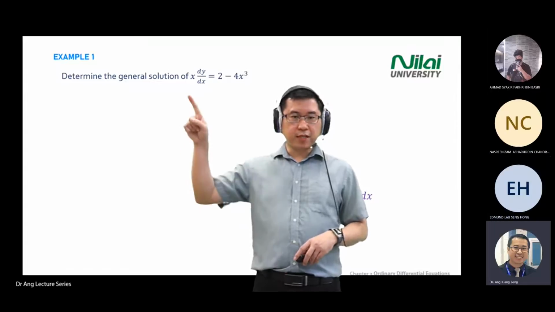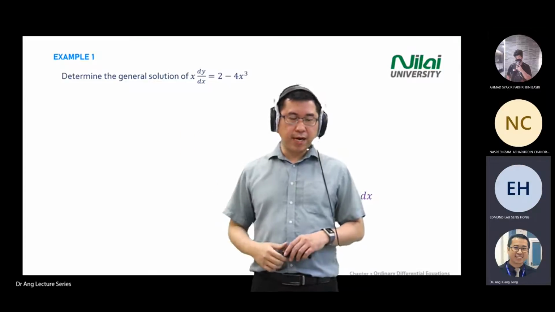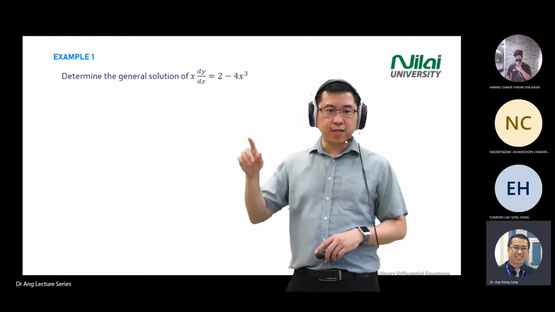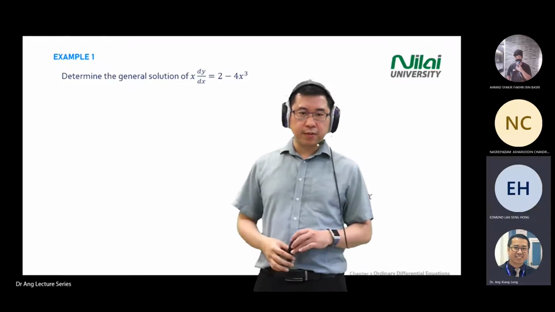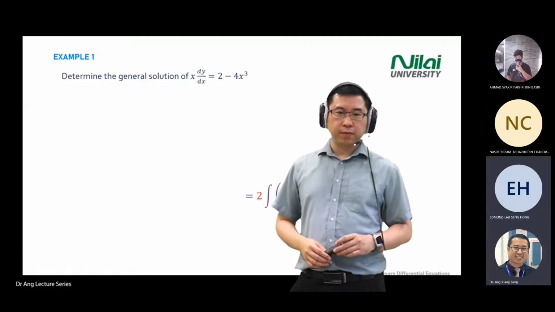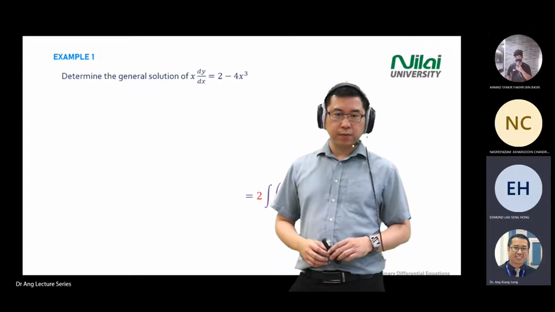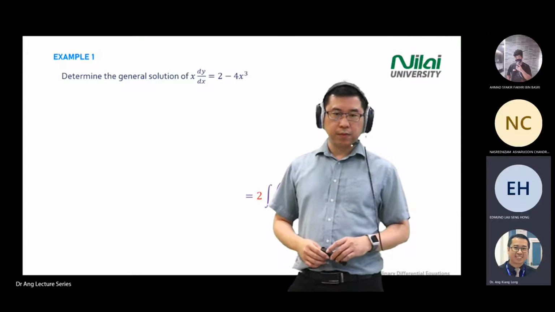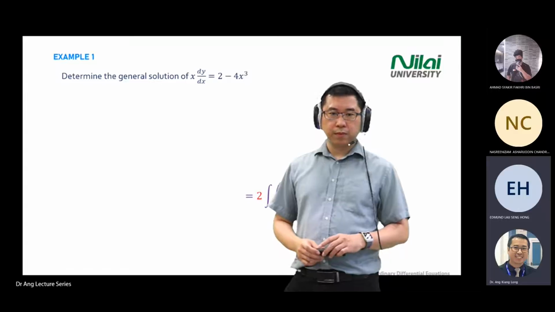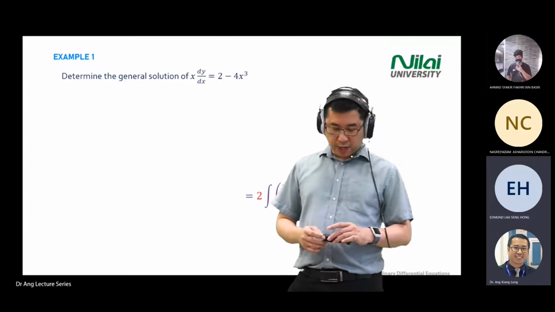Let's say you are given this equation. I ask you to rearrange this equation, dy dx one side, what is on the right hand side of the equation? You understand what I'm asking, Edmund?